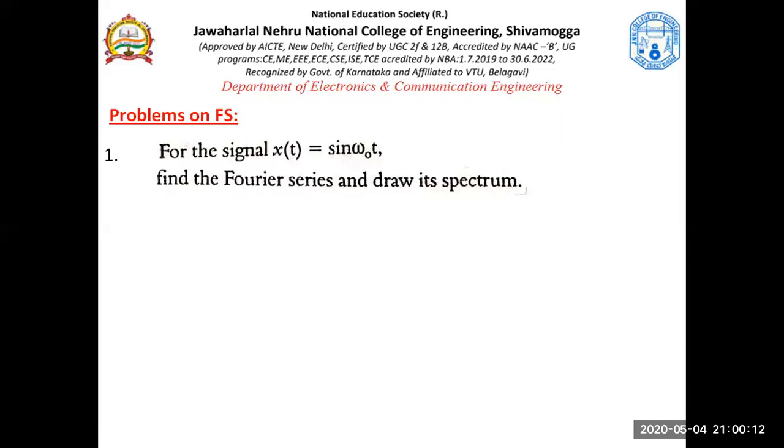That frequency information, the coefficients available in frequency domain, is called the spectrum. Different frequency components which are there in x of t can be separated, and that is referred to as spectrum. That is what we need to be drawing.